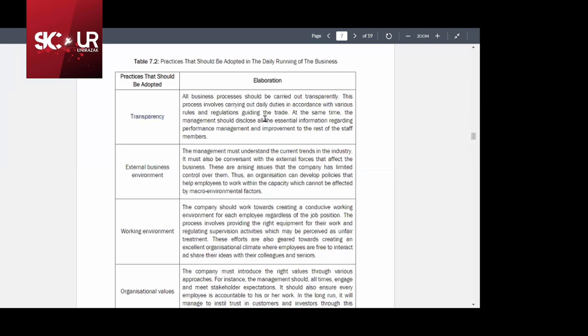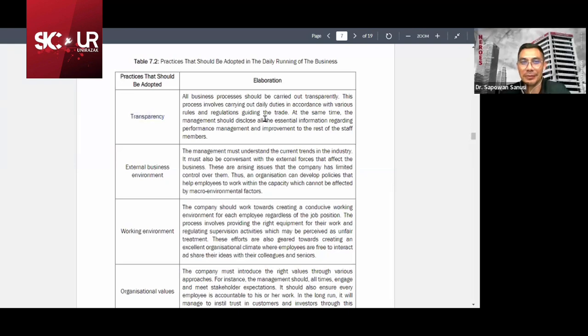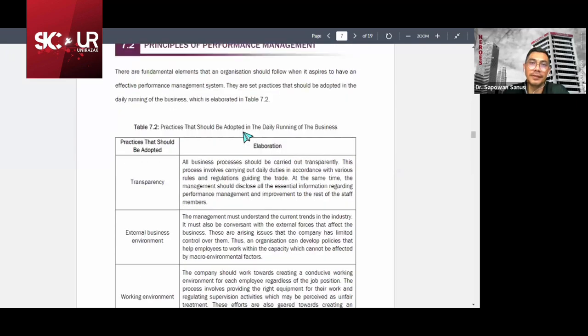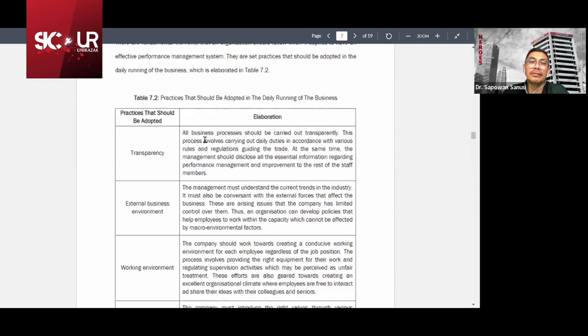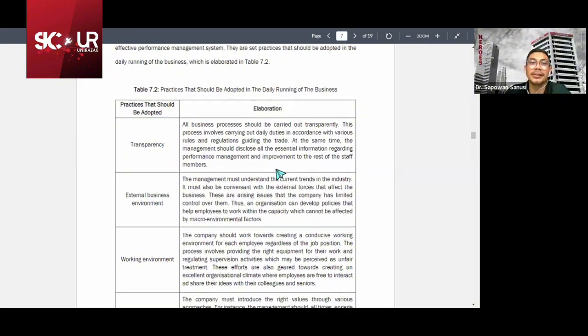For sure, in Malaysia, it's not easy to go for transparency. But for performance of our employees, yes, we can do it. So the first side for performance management, transparency. Okay. Transparency, documentation yang perlu. Jujur, bagi tahu benda yang betul.